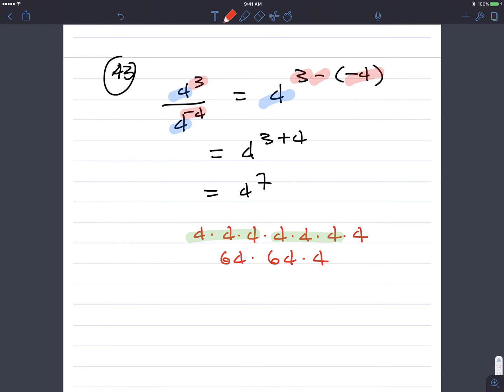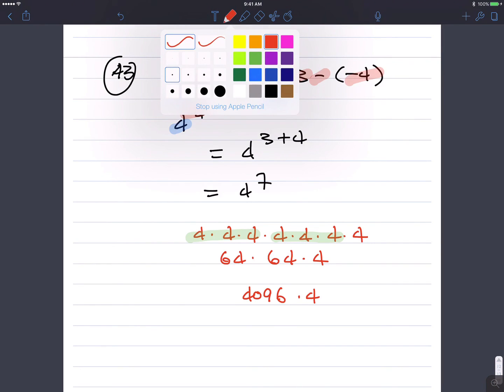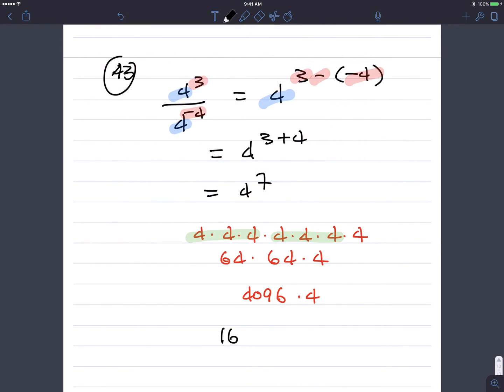So we need to find out what 64 times 64 is. If you do your multiplication, you're going to get 4,096 multiplied by 4. Final answer is 16,384.